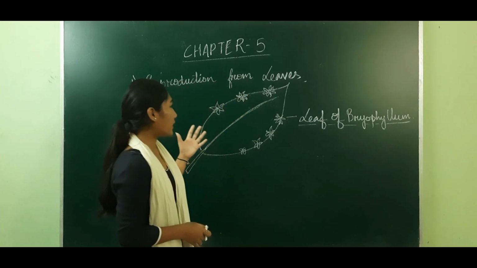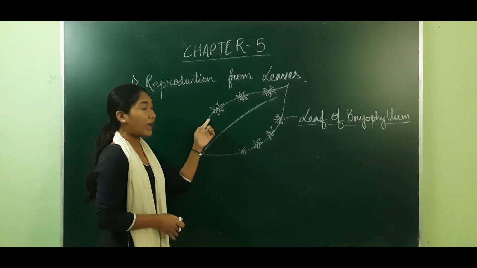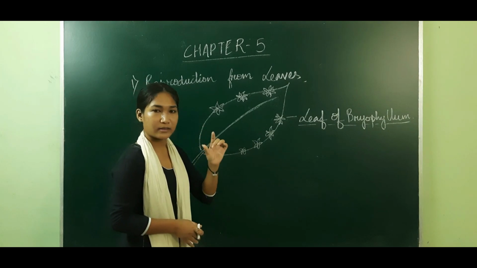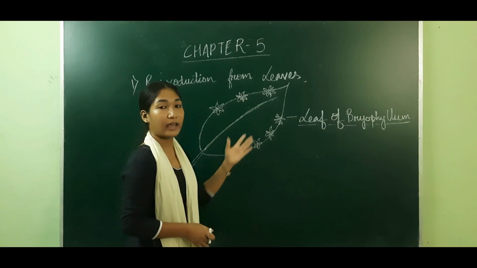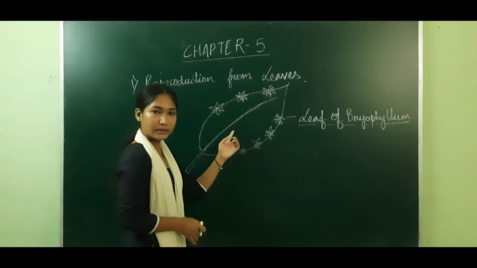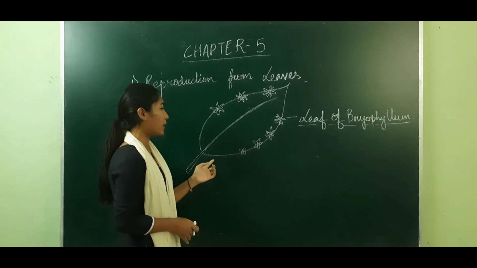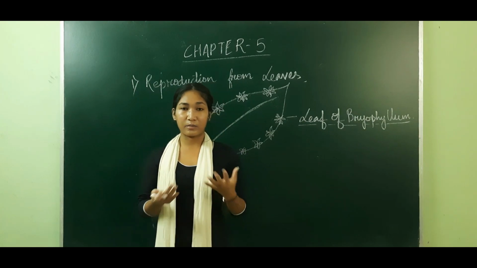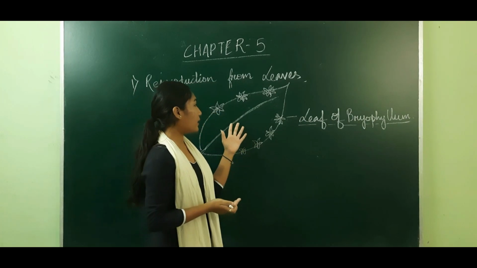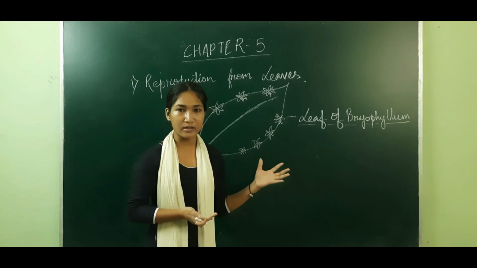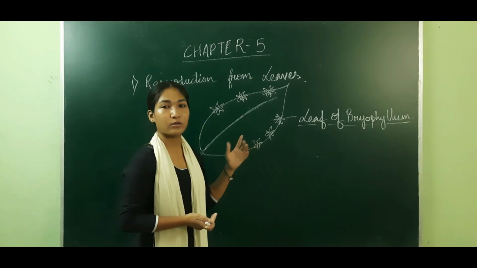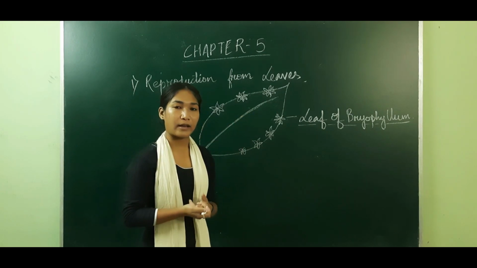On the edges of the leaf, not in the middle, you will find some small buds. You might wonder how this contributes to reproduction. When the leaf falls down from the branches onto the ground, this bud grows into a new bryophyllum plant.